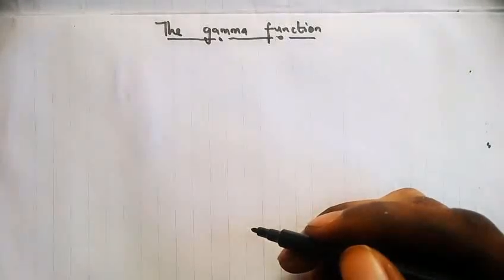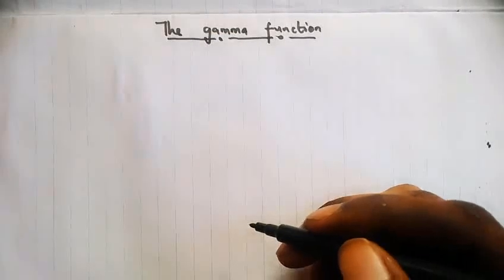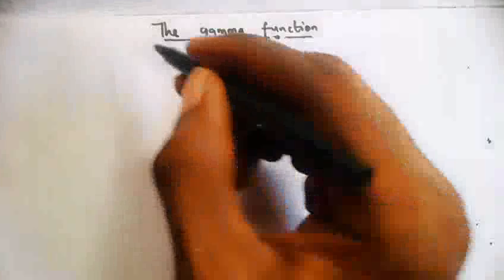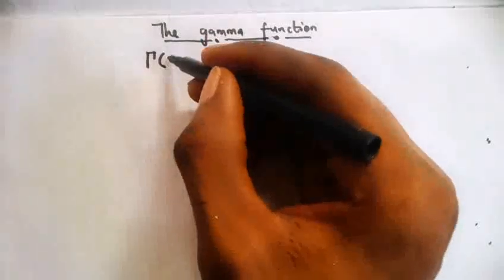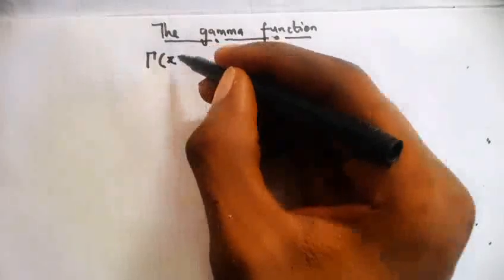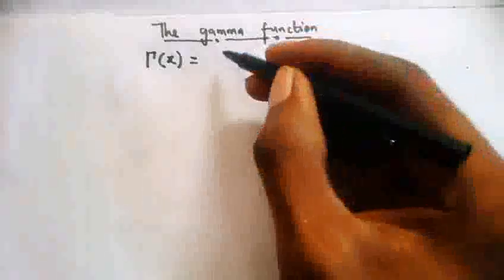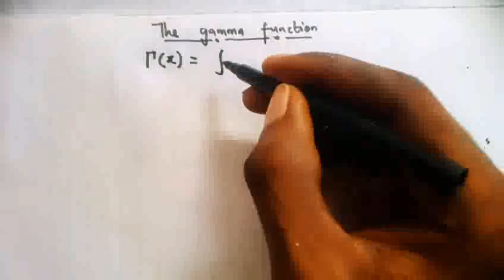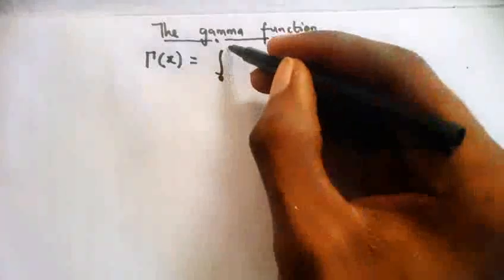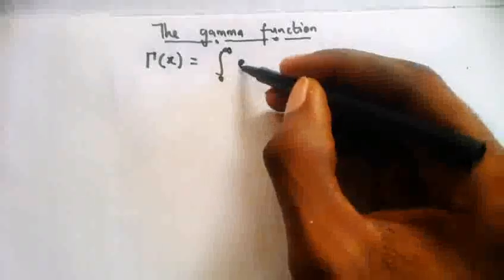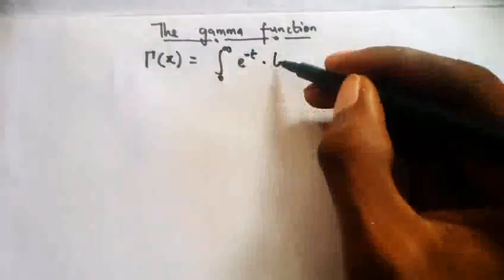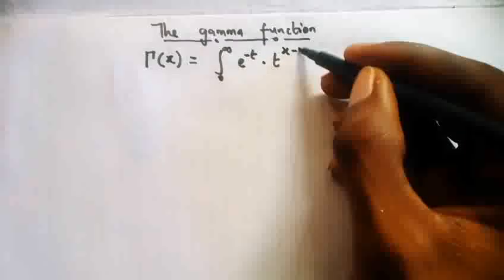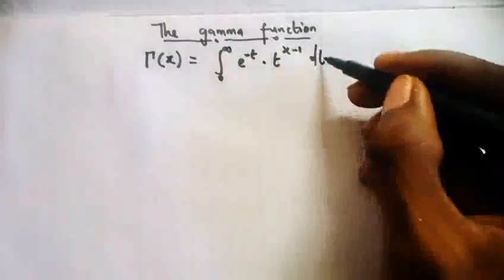The gamma function is the extension of the factorial, which is defined as, this is the symbol here, the gamma of x is equal to the integral from 0 to infinity of e raised to power negative t times t raised to power x minus 1 dt.